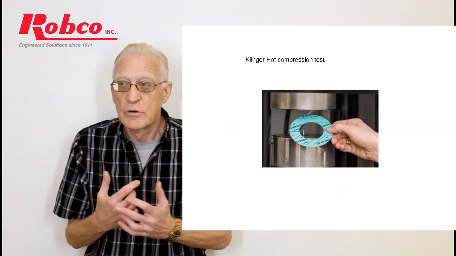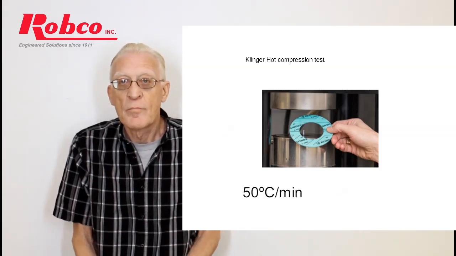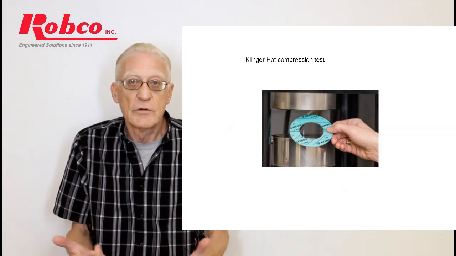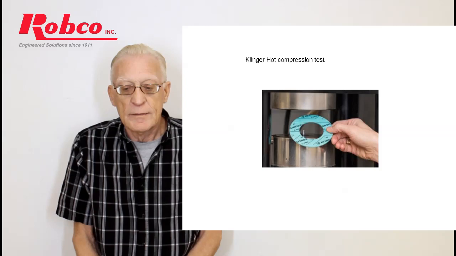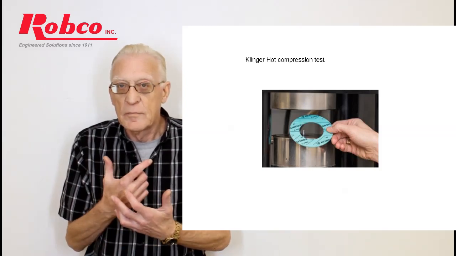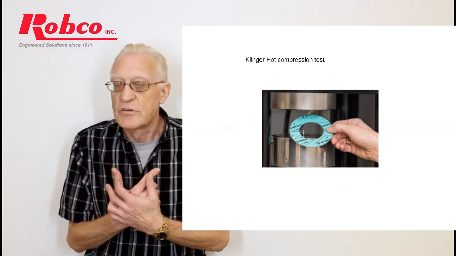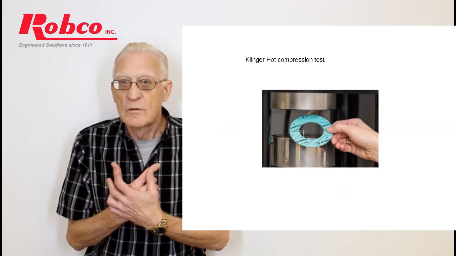You increase temperature 50 degrees per minute until you achieve 300 C, 572 F. And because the hydraulic load never changes, it's the gasket that is changing.